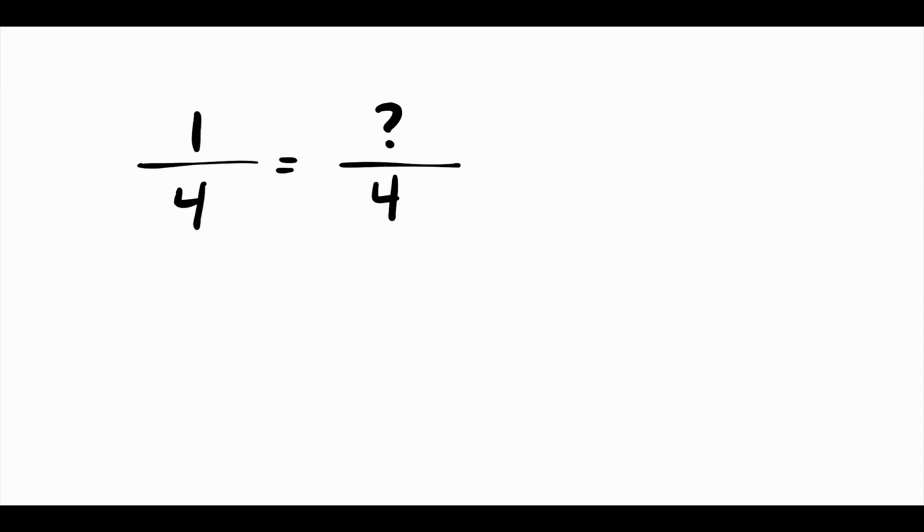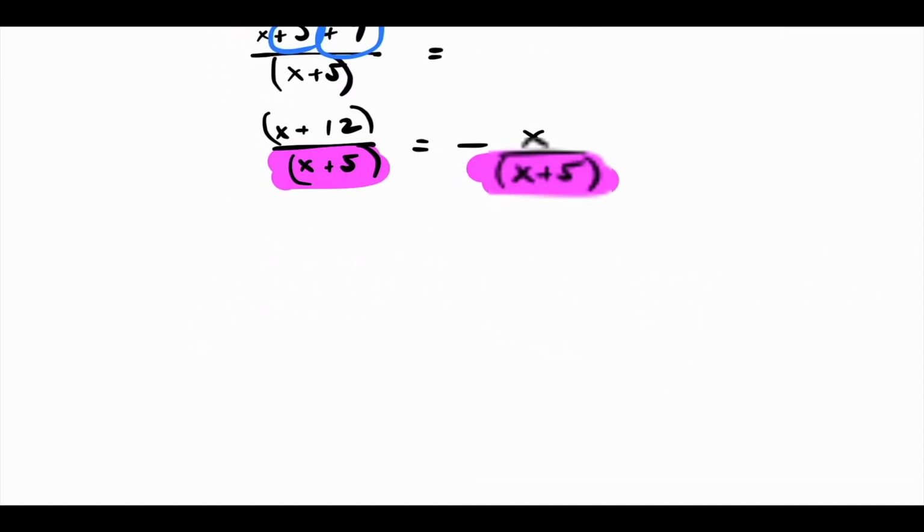Let's say the question mark was smudged, and you couldn't see that number. What does that number have to be? There's no other way it could be anything else, right? If the bottoms are exactly the same, the top has to be exactly the same. It has to be. So we're going to use that reasoning for this guy.